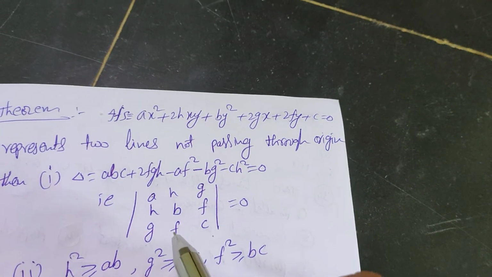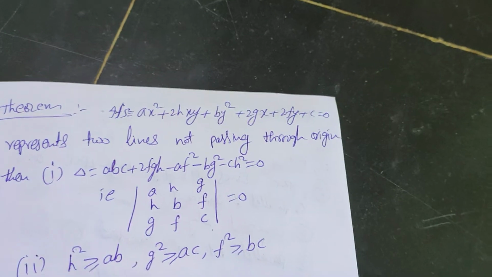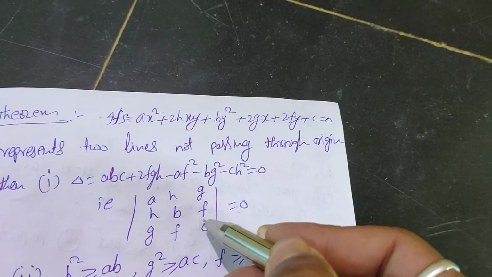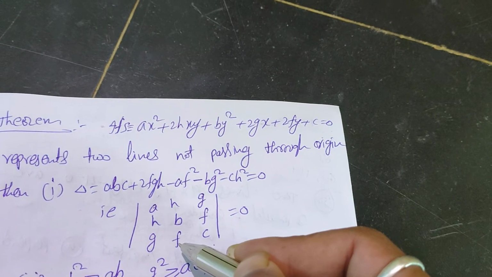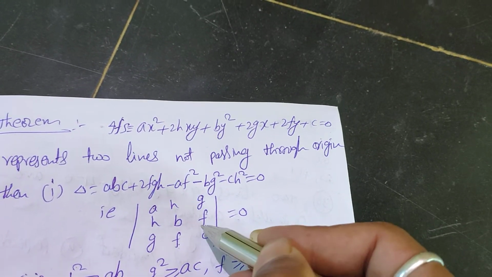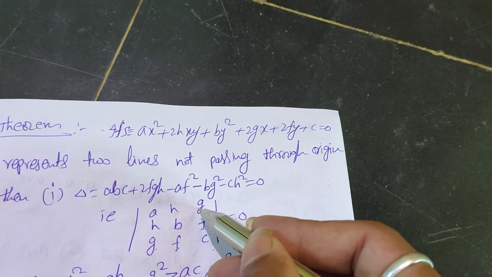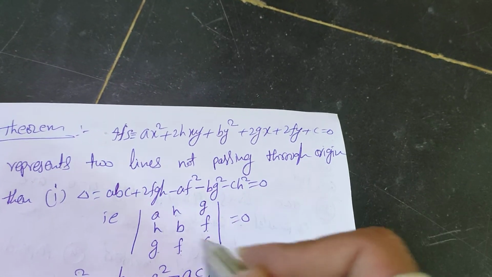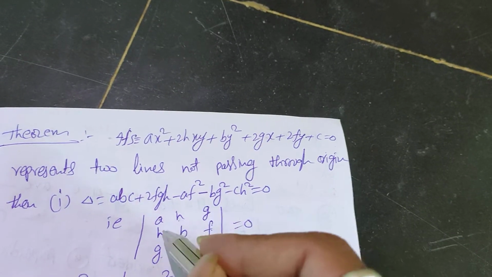So the order is f, g, h, the alphabetical order also. From the bottom, you replace these two blanks with f, these two blanks with g, and these two blanks with h. First you write the diagonals and then f, g, h.